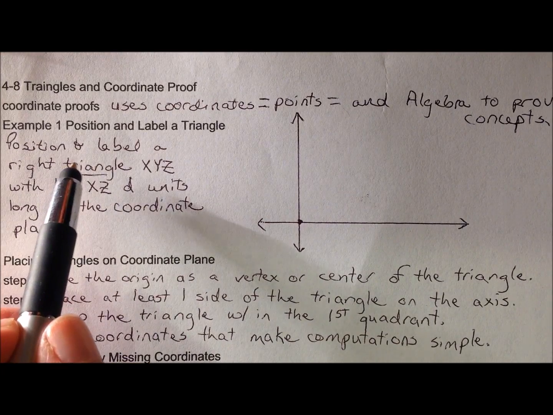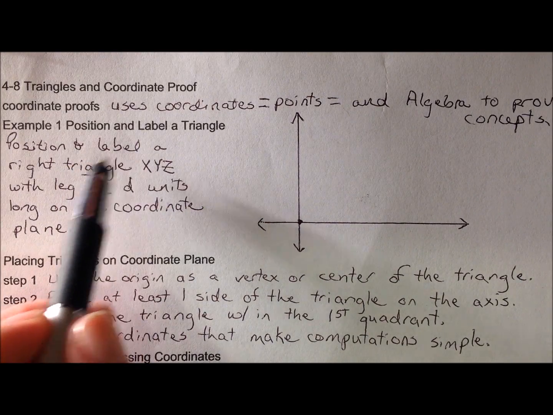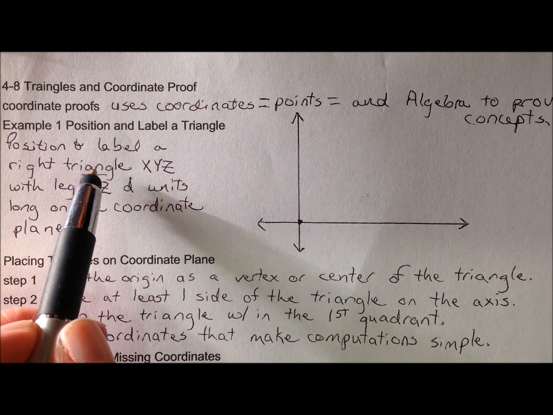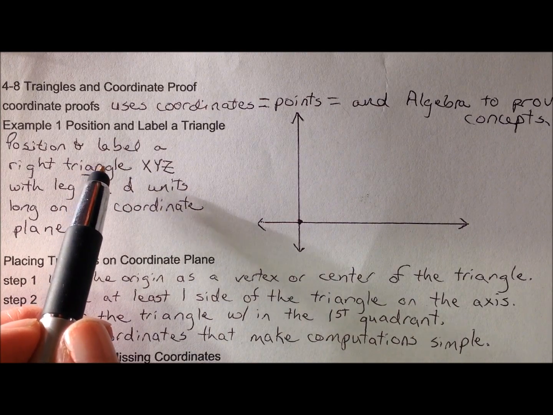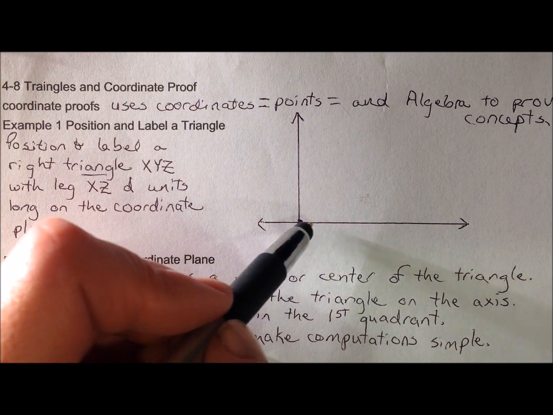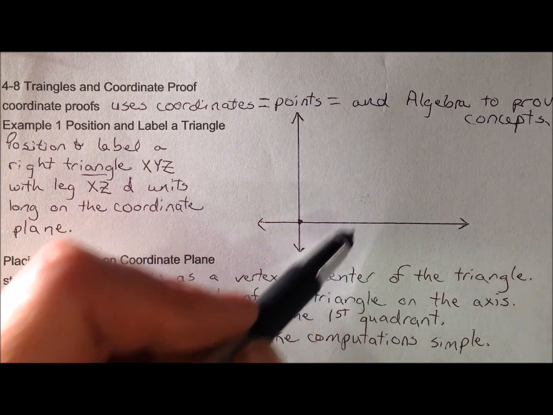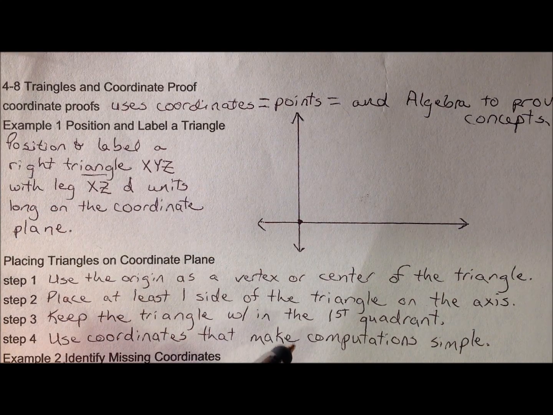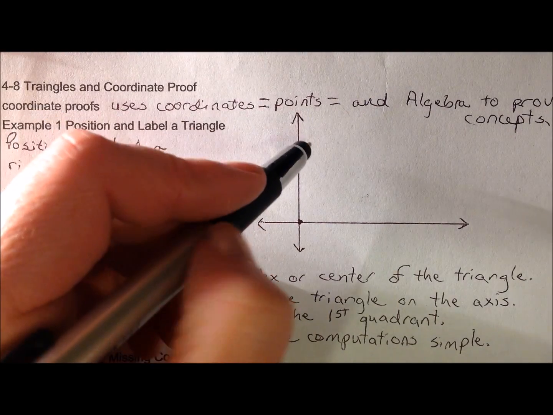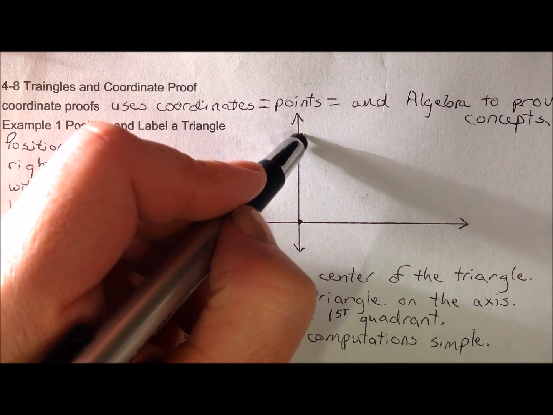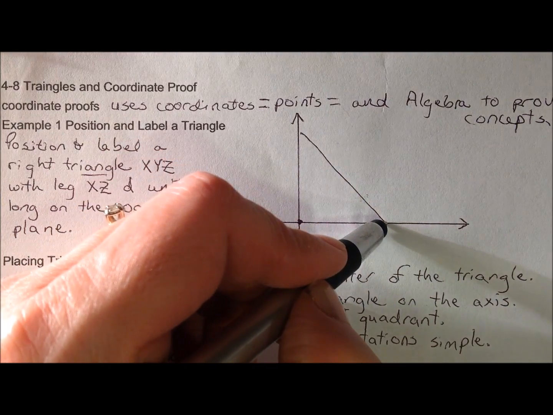Now getting back to this problem, since we want it to be a right triangle, this is going to be very nice. If you can envision a right triangle, it would be able to fit right in here. Maybe we'd have to flip it around, but we could get a right triangle to fit right in here.